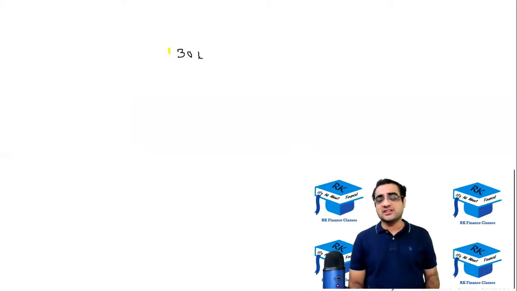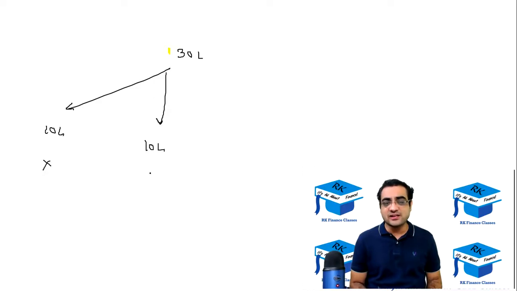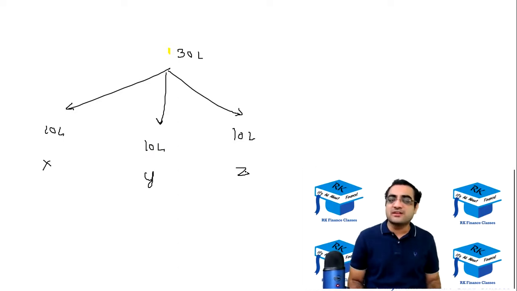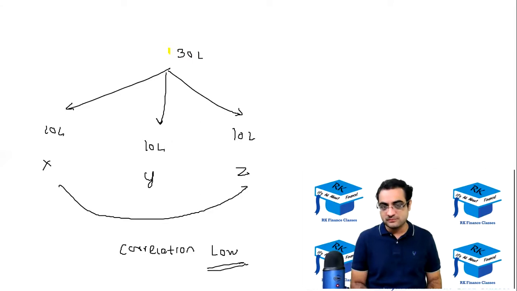Instead of investing 30 lakh rupees into one company, I split it: 10 lakh into X company, 10 lakh into Y company, and 10 lakh into Z company. This splitting for the purpose of diversification would make sense as long as the correlation between these three companies X, Y, and Z, which I have not explained to you yet, is lower. Okay.